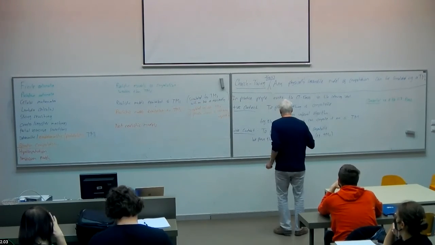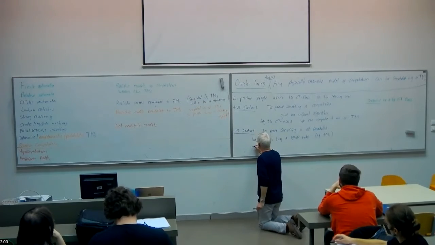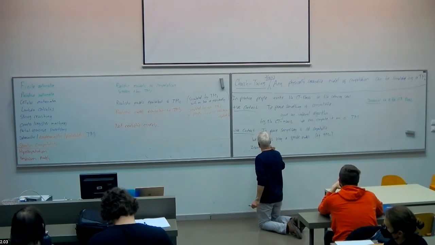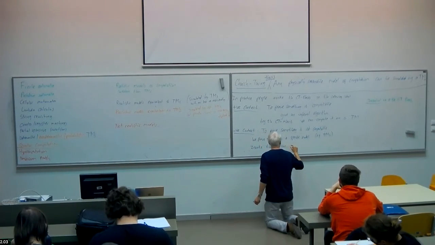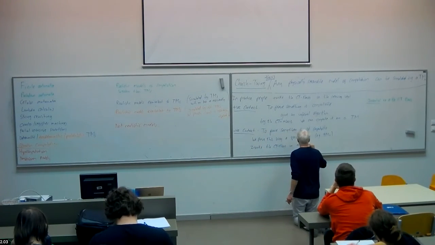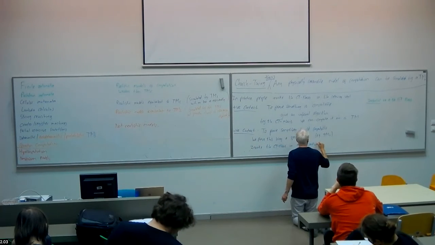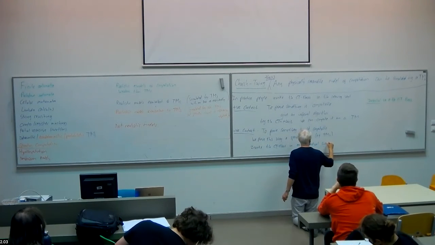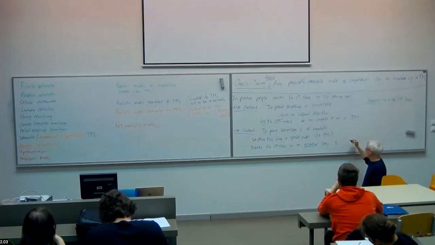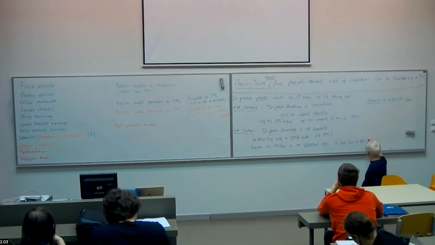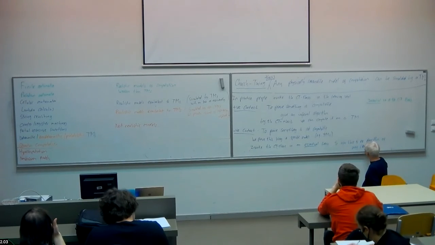So we then invoke the Church-Turing thesis in an essential way to infer there is no algorithm of any reasonable sort.